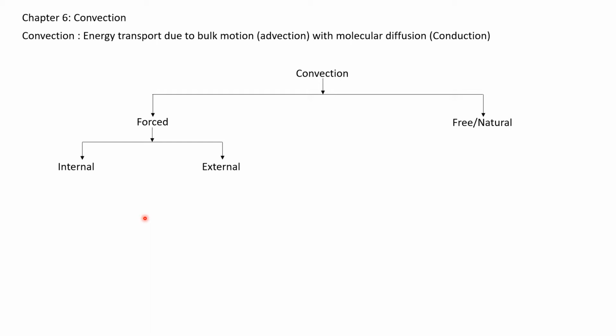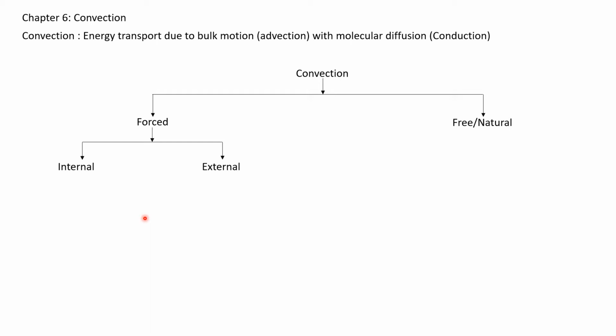Internal means convection happening in an enclosed surface, like a fluid flowing through a pipe and heat being transferred from the fluid to the pipe. This is happening inside an enclosure, so it's called internal convection.